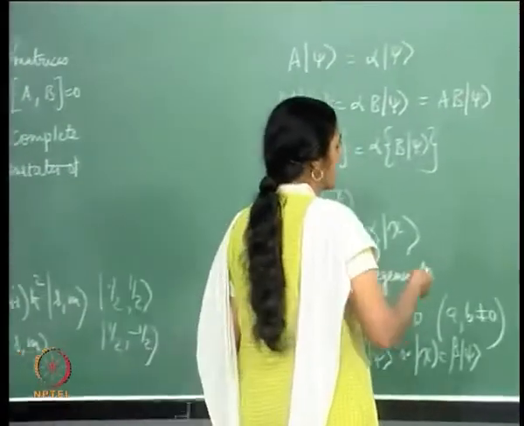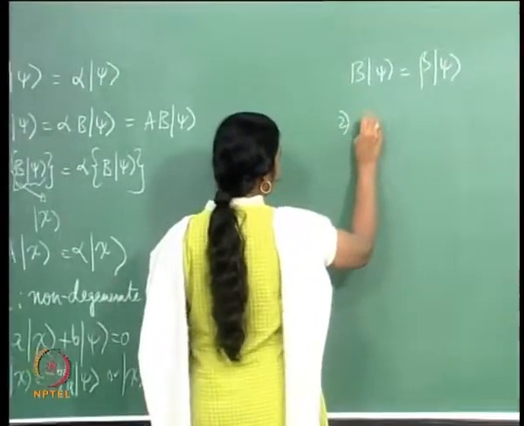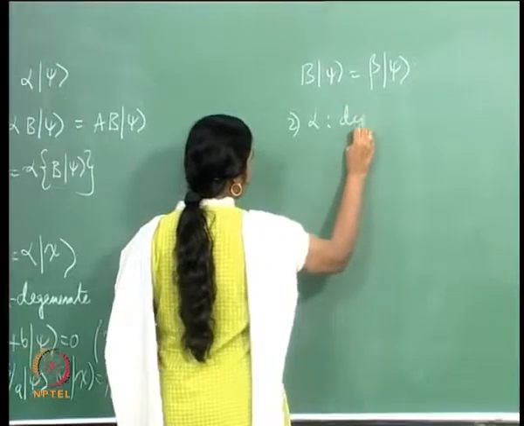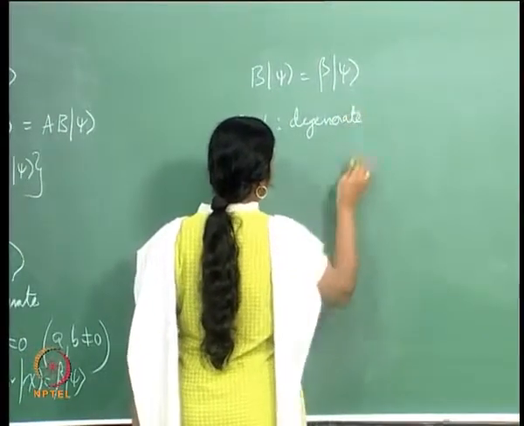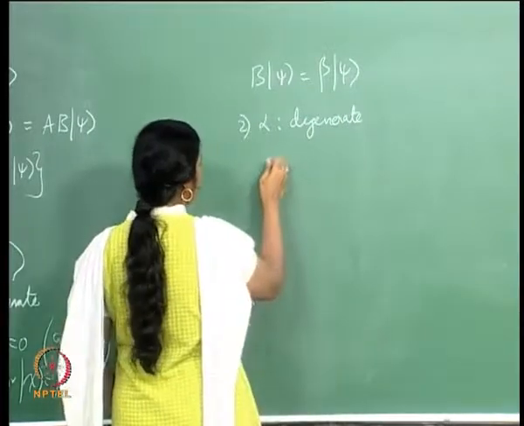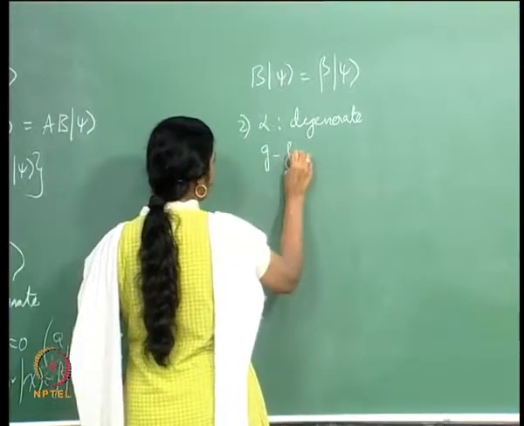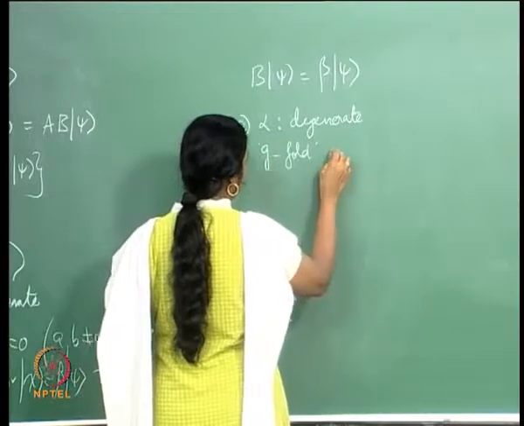So let us look at the second case, alpha degenerate. Let us say G-fold degeneracy. What does that mean?